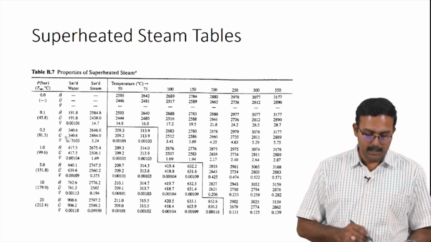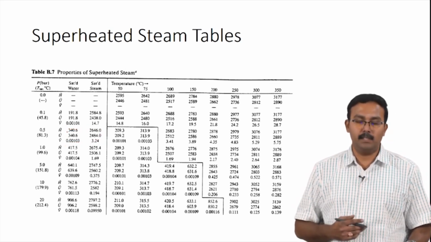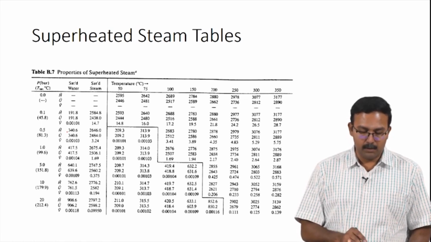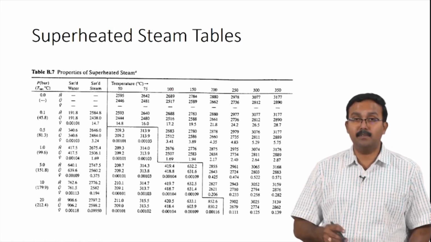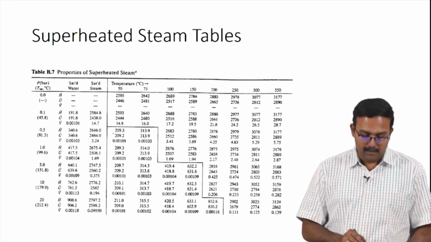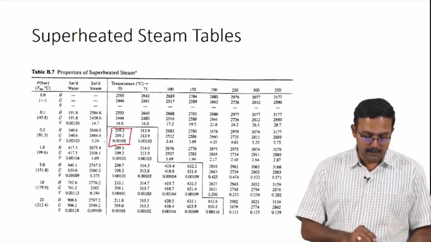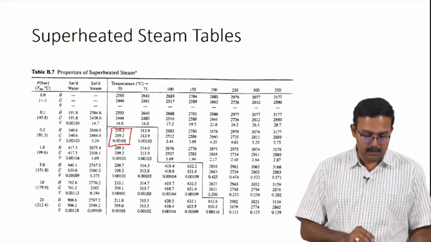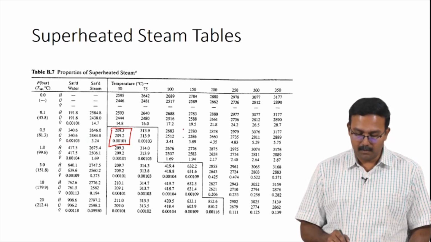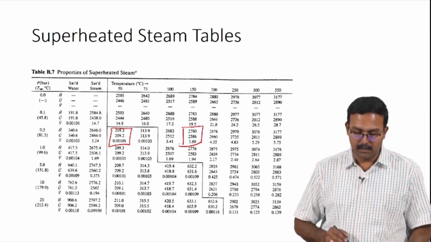However, if you want it at a temperature other than 81.3 degrees Celsius, then you can look up this table where you have values for 50, 75, 100, 150 and so on. The specific internal energy, enthalpy and specific volume at 50 degrees Celsius are given here, whereas you have 150 degrees Celsius values given here.